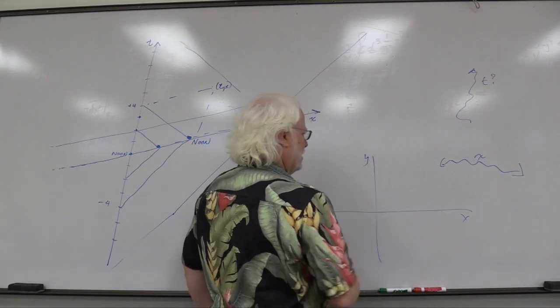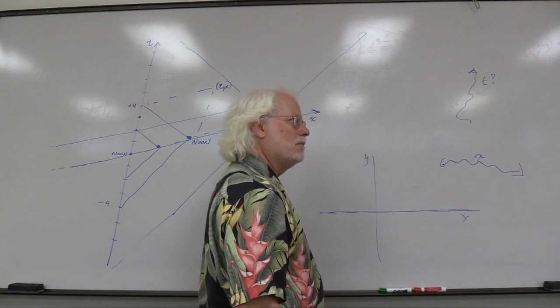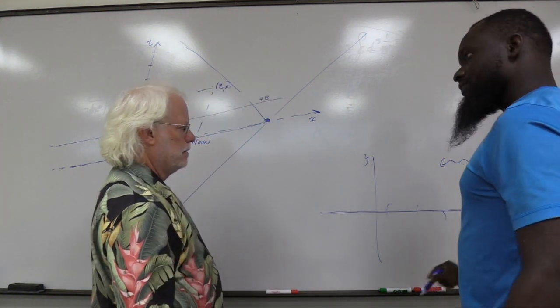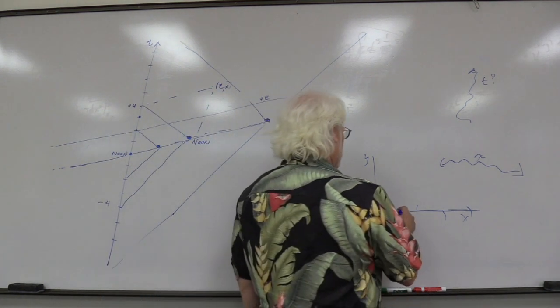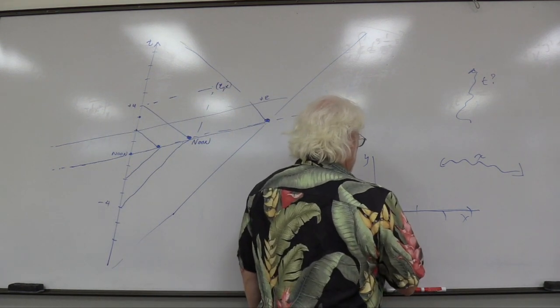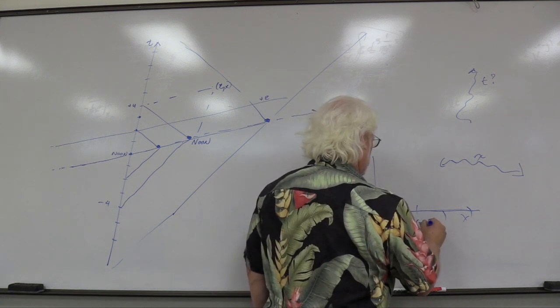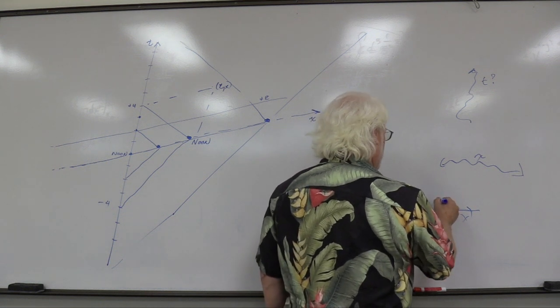Let's look at x and y. These are all points at y equals 0. So what are these points? Different values of x at y equals 0. This is x1, y is 0. This is x2, y is 0. So we have a label for every point.